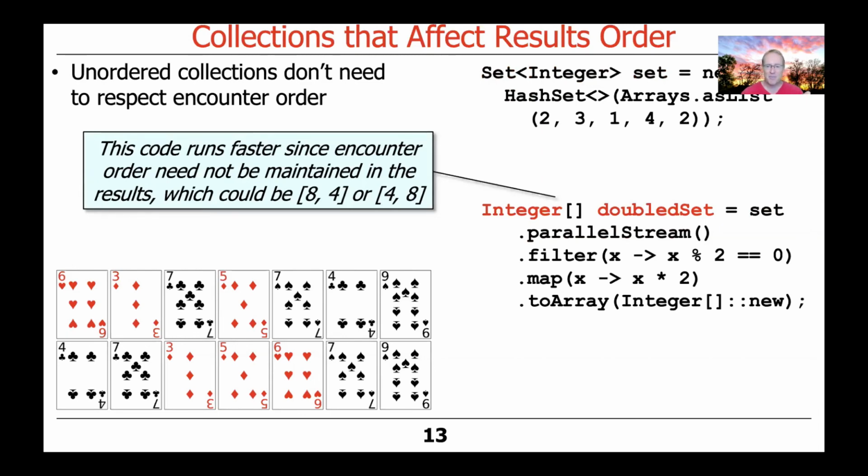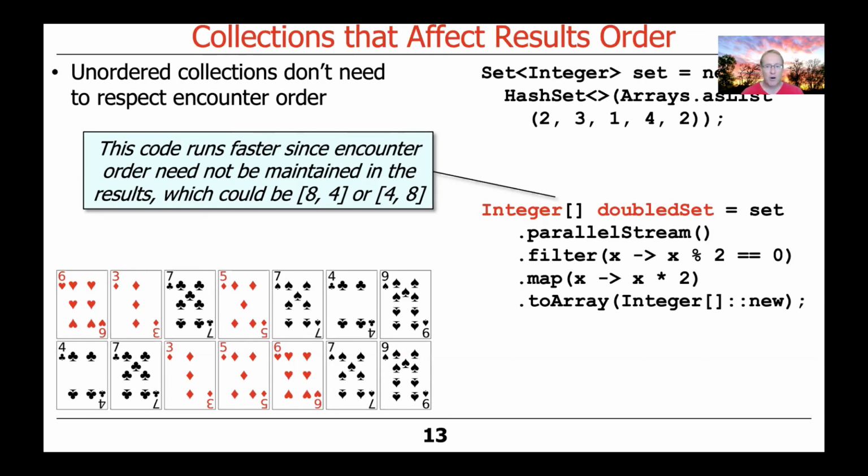So this is the same fluent pipeline of aggregate operations, but the output can be in whatever order it happens to complete in. So if it turns out that 8 gets done before 4, the result will be 8 and 4. If it turns out that the 4 gets done before the 8, the result could be 4, 8. And the reason why it doesn't matter is because the collection itself is unordered because it's a hash set. And as we also see, it's going to have to be unique.